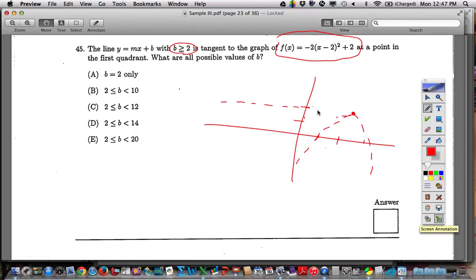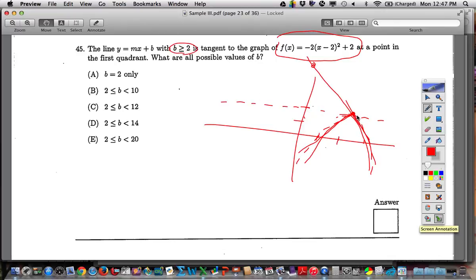So it's got to be up above here, the y-intercept, which makes sense because any of the lines on this side of the parabola, their tangent lines are going to be down here, right? We're talking about the tangent lines that are on this side of the parabola, right? They're going to have y-intercepts that are going to be greater than or equal to 2.